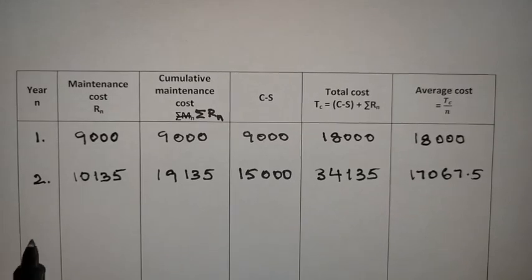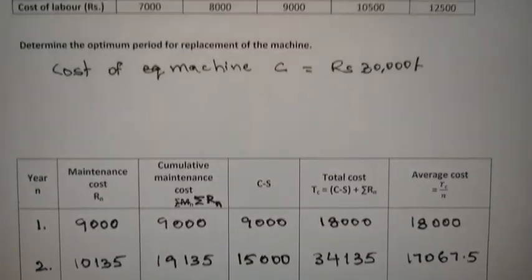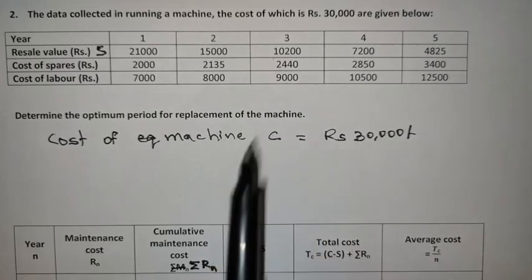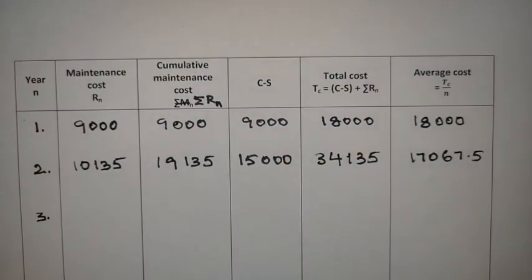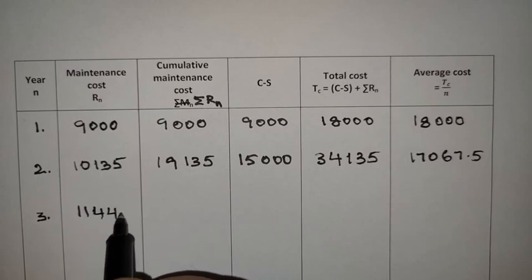Next, let us find it for the third year. In the third year, what is the maintenance cost? 2,400 plus 9,000, so that is 11,400.